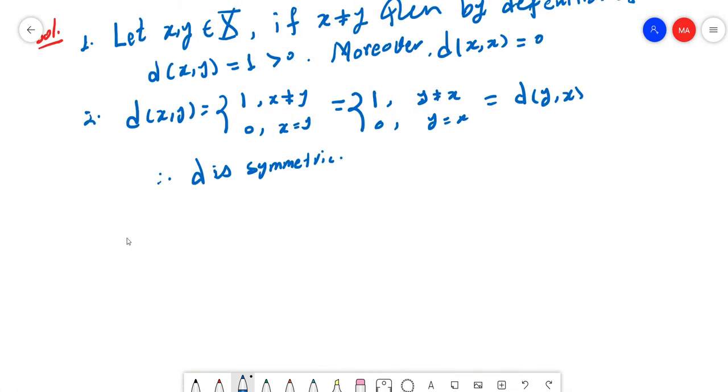It remains to verify the third condition.